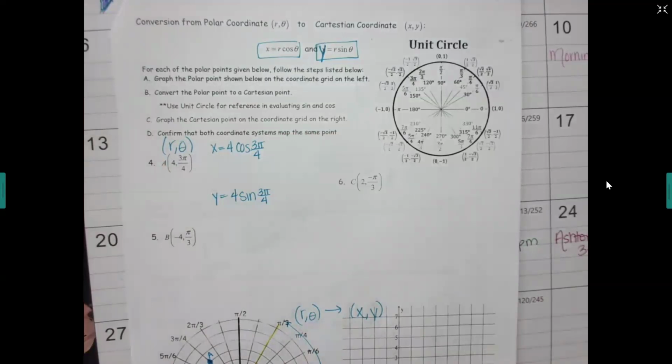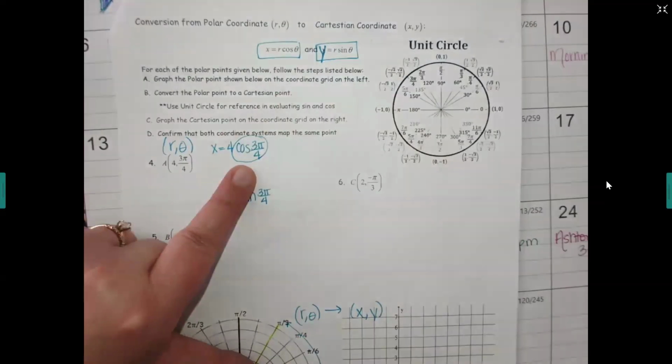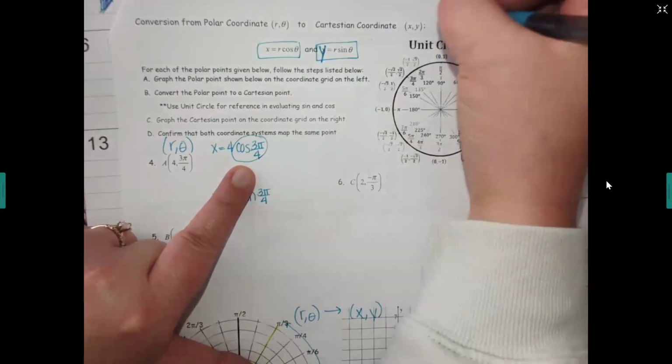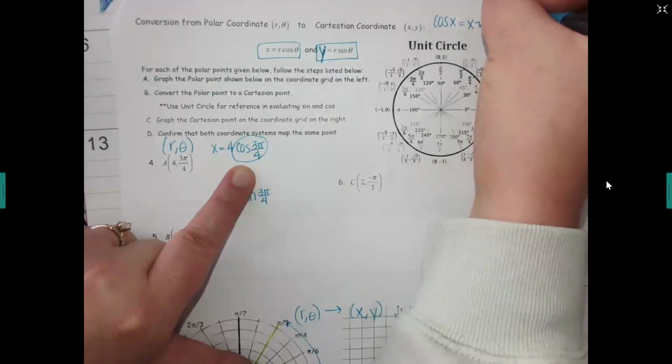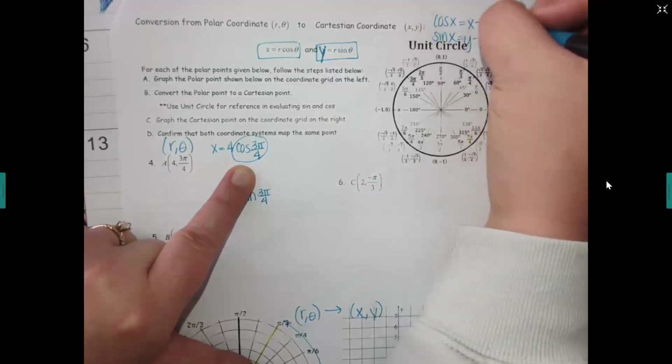If you have your old unit circle, you're welcome to use that, but we're going to pull these values off of that unit circle. So if I'm looking for the cosine of 3 pi fourths, I know it's been a while since we did this, but you would find 3 pi fourths on the circle. And then remember, cosine is the X value and sine is the Y value.